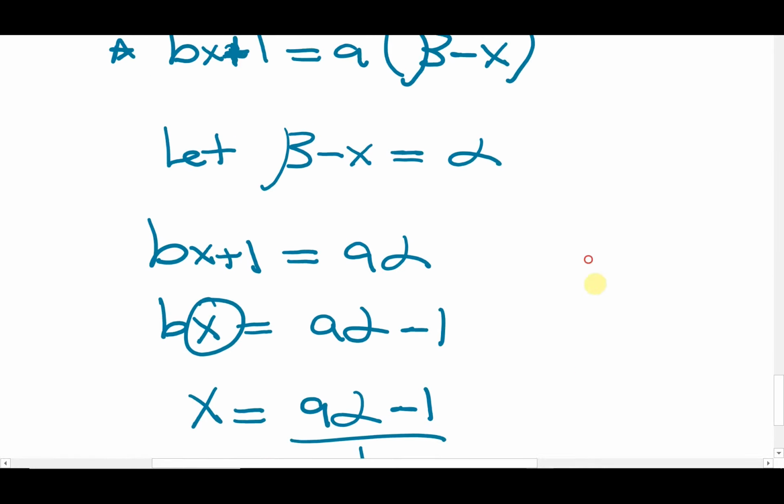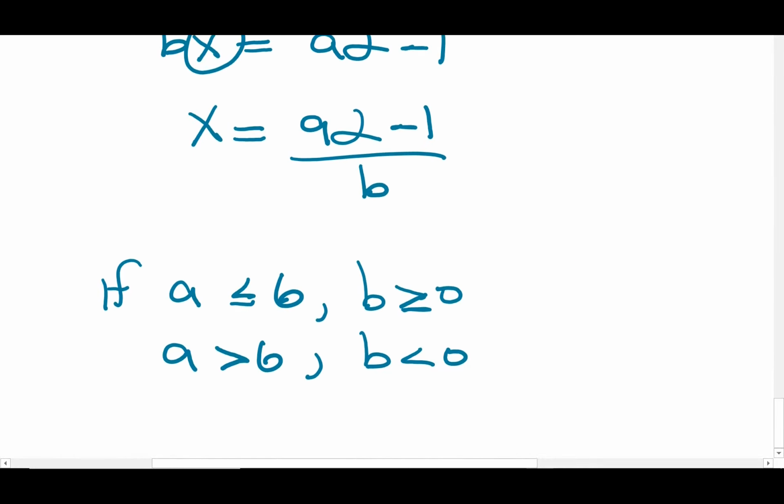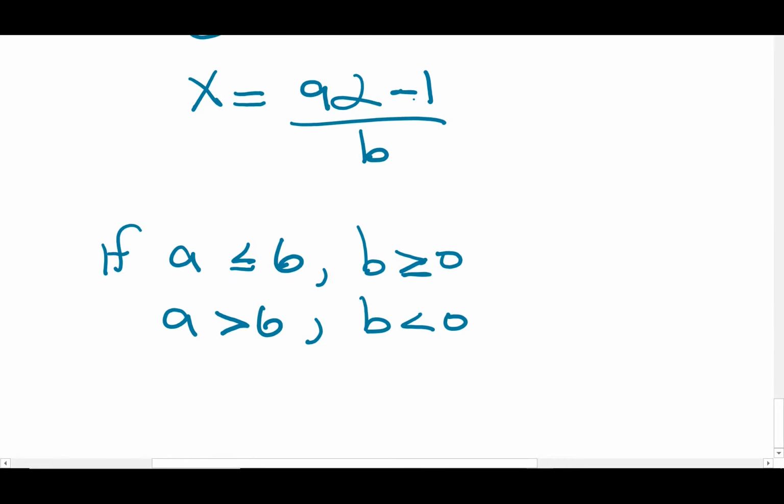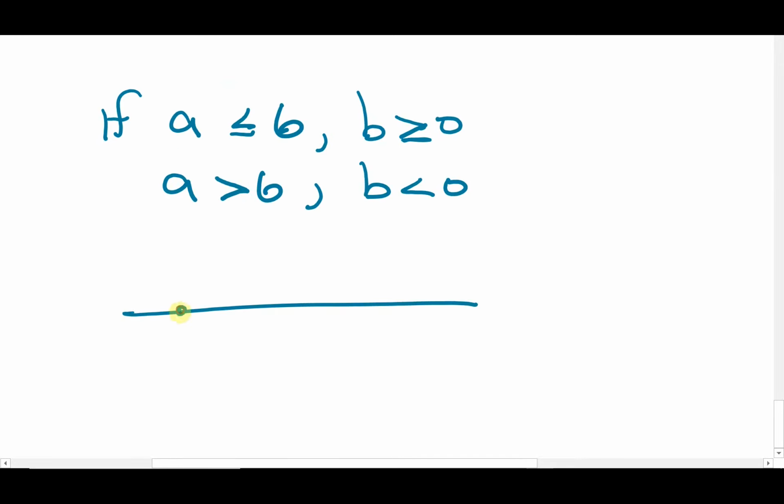So using this form, if B is positive, of course A alpha minus 1, we know this is going to be positive. But the problem occurs when B is less than 0, because as A gets larger and larger, the distance back to 6 is represented by B, but it's going in the negative direction.